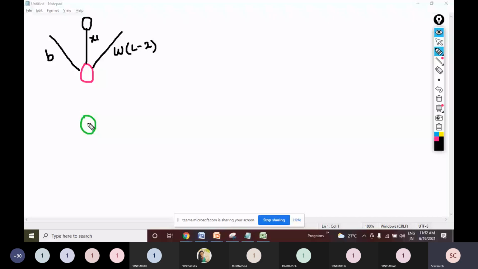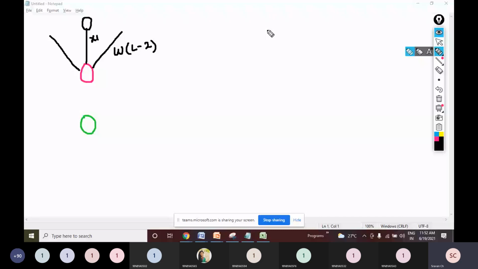Third node, second node, first node. The second node gets input from the first node, and the third node gets inputs from the second node. That's the reason I call this W of L minus 2, and similarly this one B of L minus 2, meaning bias coming from the previous layer.